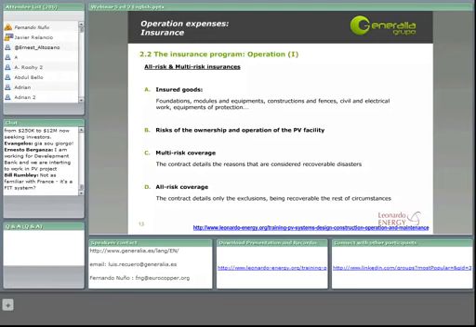Anyway, talking about the contract that we have to sign with the company, a multi-risk coverage insurance details in the contract the reasons that are considered recoverable disasters from the company, and doesn't reflect, as the all-risk coverage does, only the exclusions of those things and those issues which will not be recoverable from the insurance company.